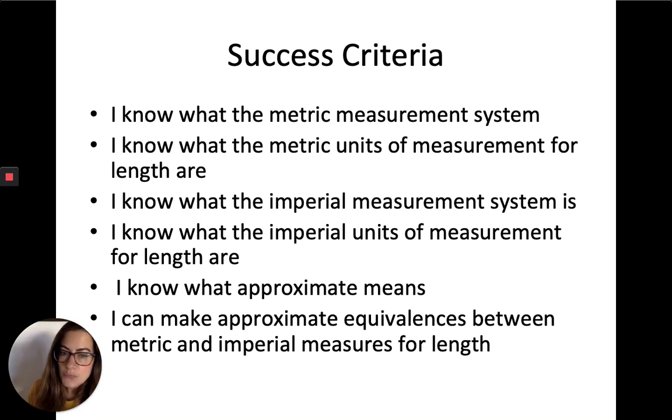You know what approximate means, and some of you might know that already. And you can make approximate equivalences or conversions between metric and imperial measures for length. There are a lot of words there, but essentially we're learning how you measure length in metric, which you already know, how you measure length in imperial, which we're going to talk about today, and how you convert between the two.